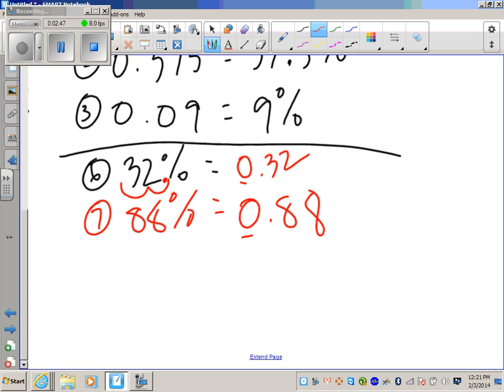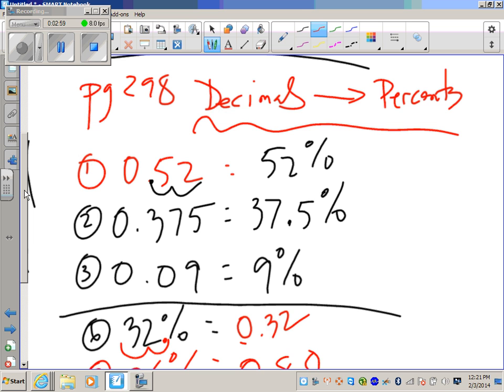What else? Fractions. Let's take these that we had and put them into fraction form. However you want to do it. Now, whether it's, pay attention, this is huge. This is really important.